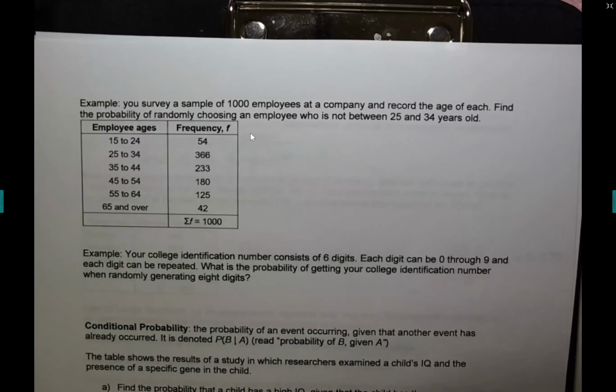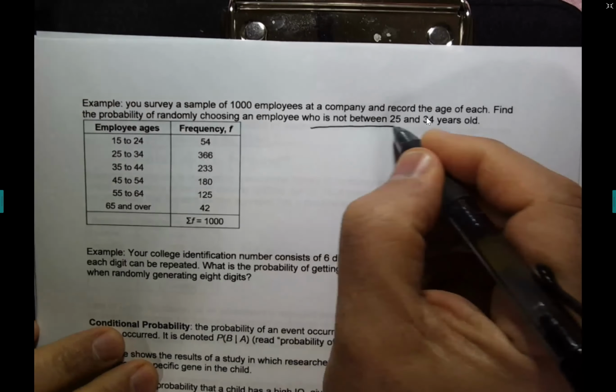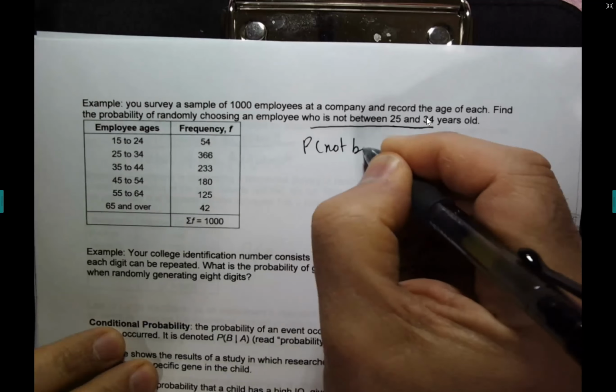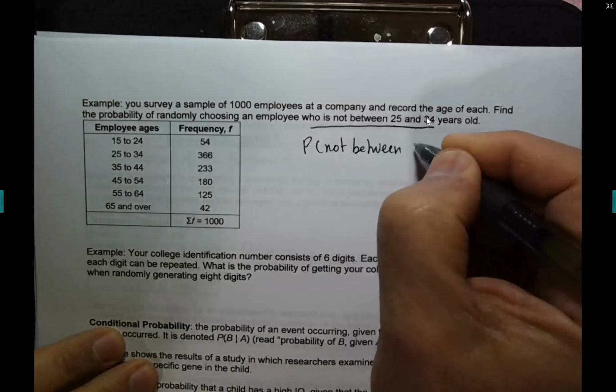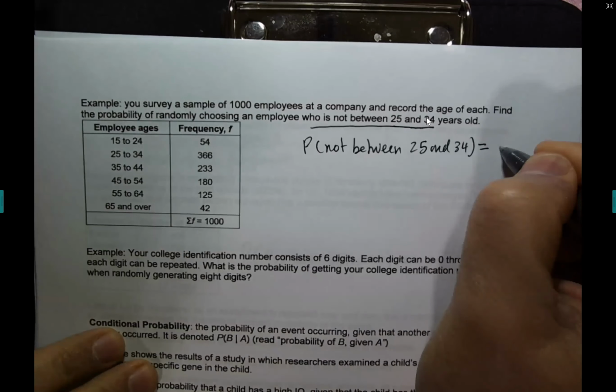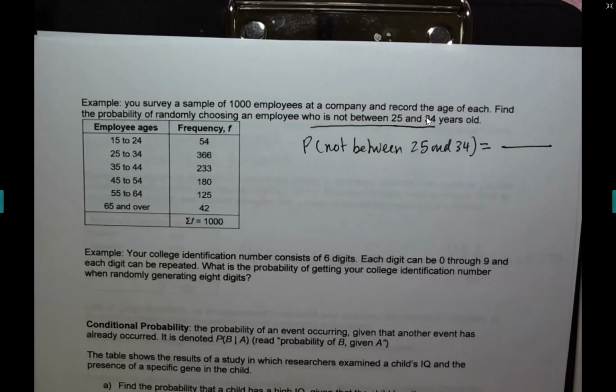Find the probability of randomly choosing an employee who is not between 25 and 34 years old. All right, guys, how do we do this? Any ideas? I'm listening.